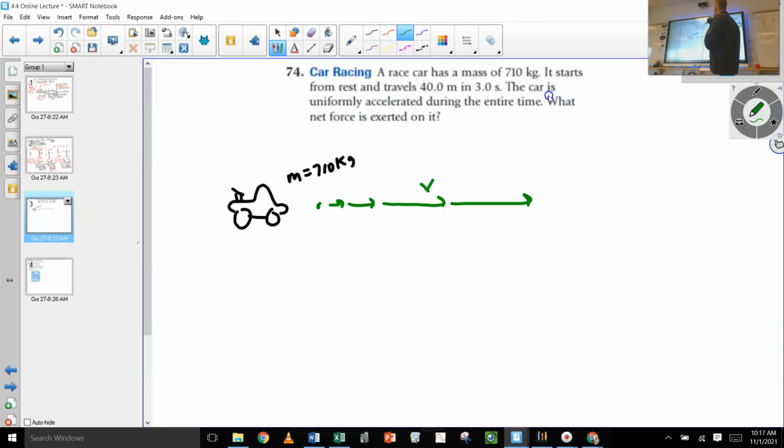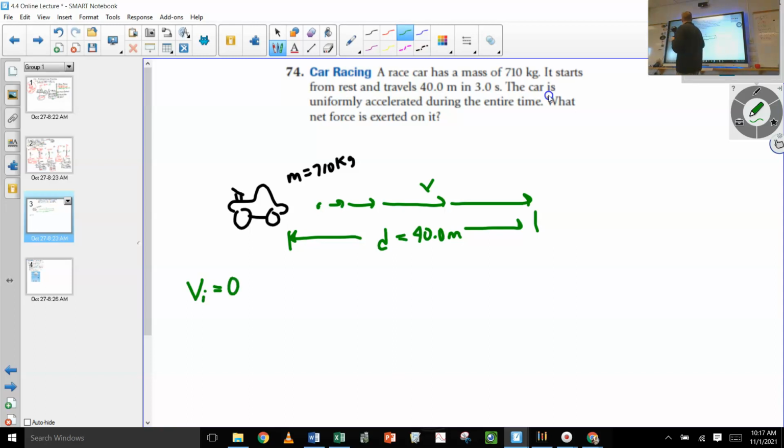And it travels 40 meters, so this distance is 40 meters in 3 seconds. Okay, so I got a few things. I know that my initial velocity is 0 because it starts from rest. The distance is 40. The time is 3 seconds.